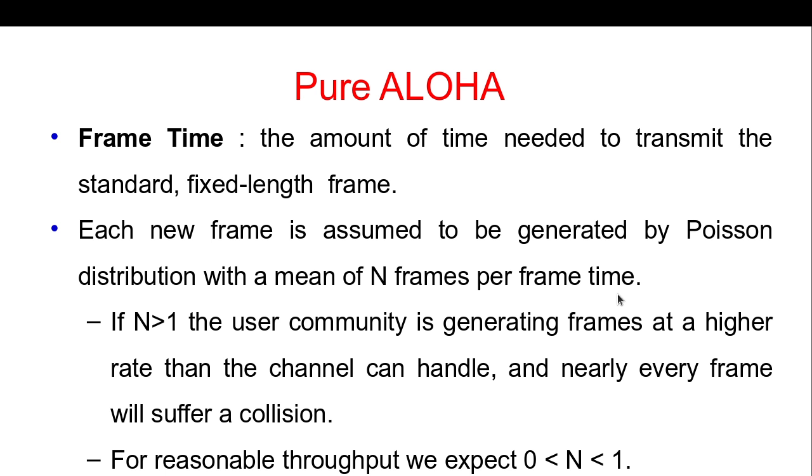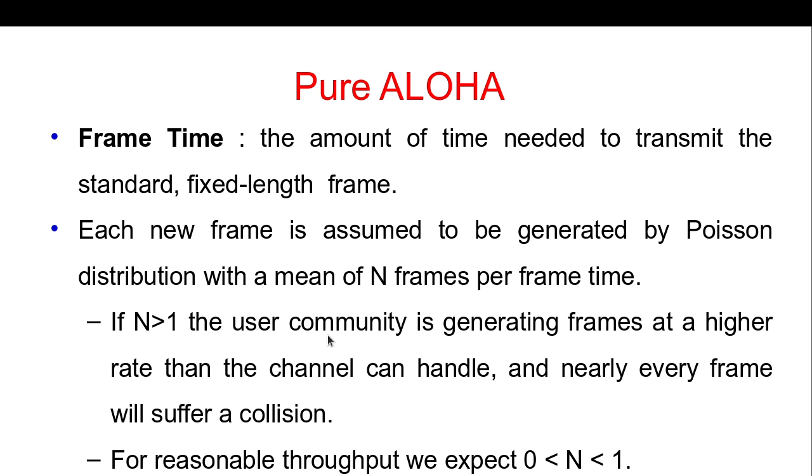Now obviously, if the average number of frames generated per frame time is greater than 1, the user community is generating frames at a rate higher than the channel can handle, because frame time is the time required to transmit a frame successfully.